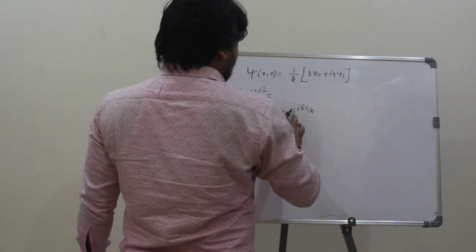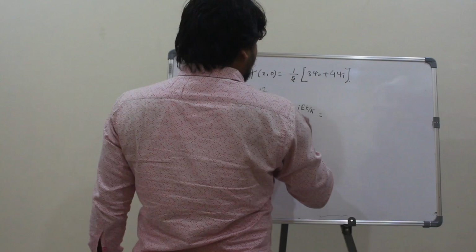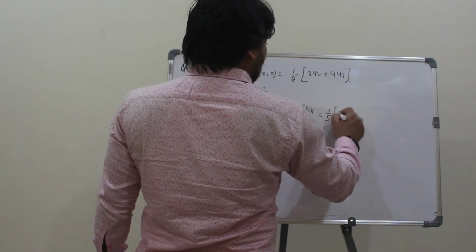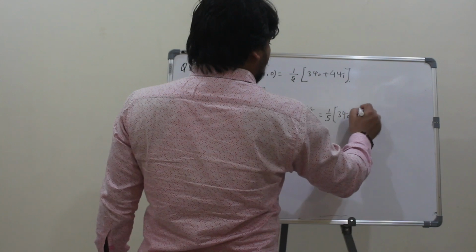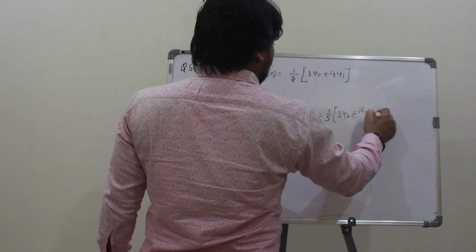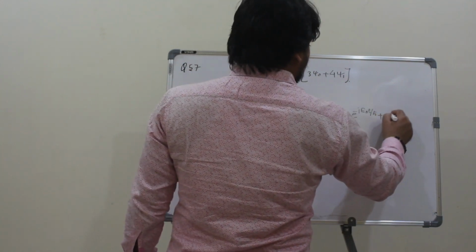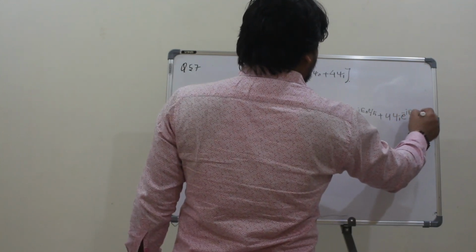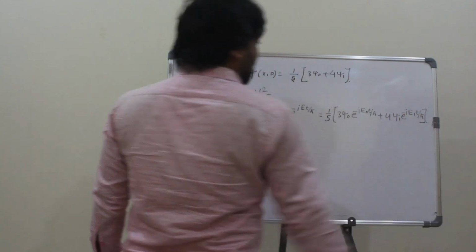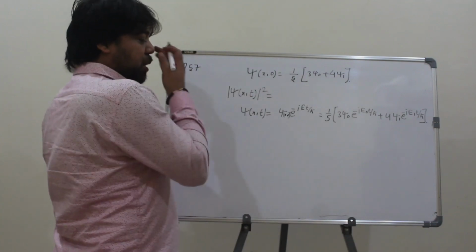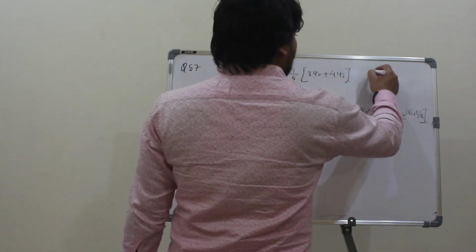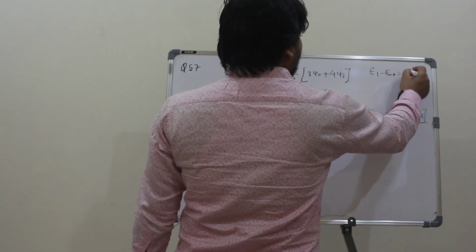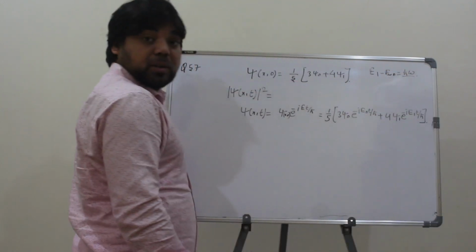So psi(x,t) equals 1 by 5 of 3 psi naught e to the power minus i E naught t divided by h bar plus 4 psi 1 e to the power minus i E1 t divided by h bar, right? But remember that E1 minus E naught is nothing but h bar omega for an oscillator.